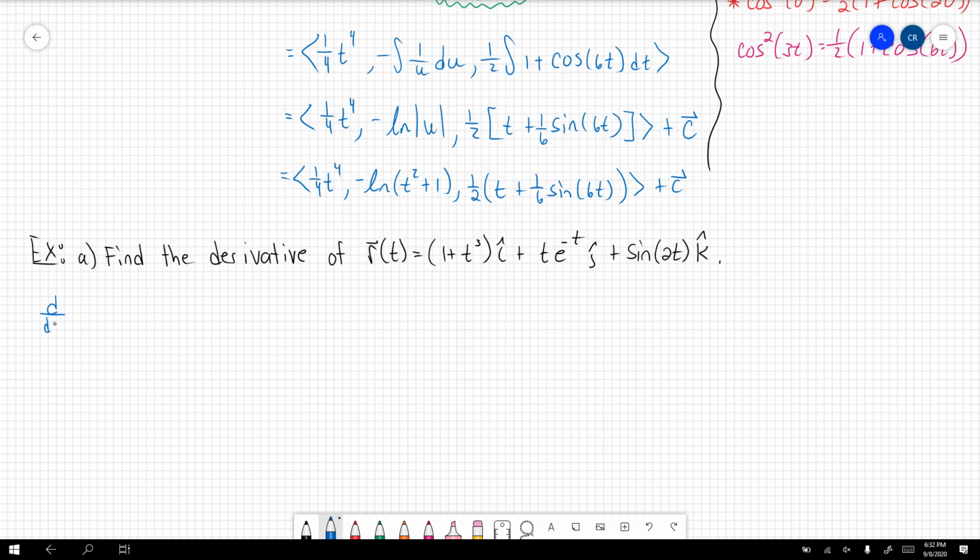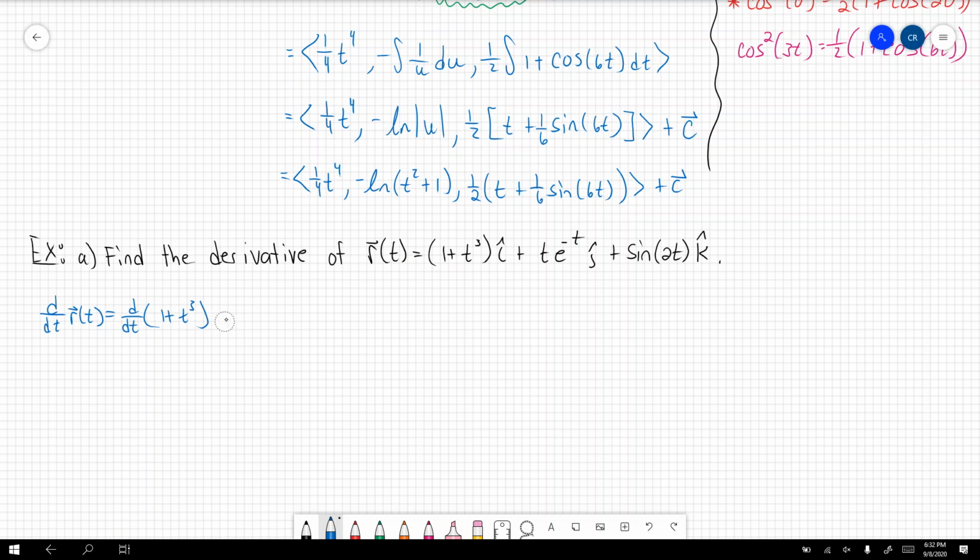Taking the derivative with respect to t for r of t would imply that we need to take the derivative of each individual component. So we're going to take the derivative of each individual component.